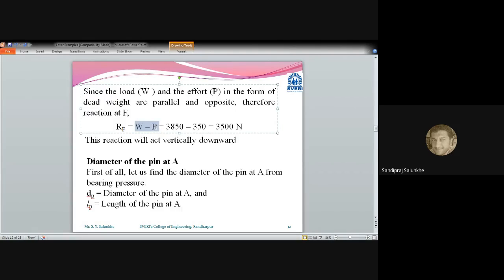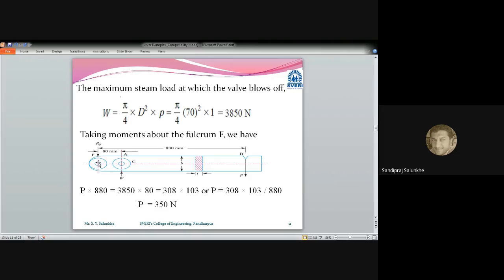So W minus P is the reaction at fulcrum, and that is equal to 3850 minus 350 is equal to 3500 Newton. This is the total reaction at the fulcrum at point F, and this reaction will be in downward direction.